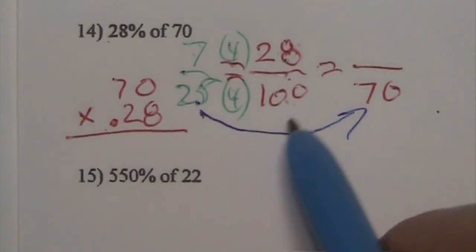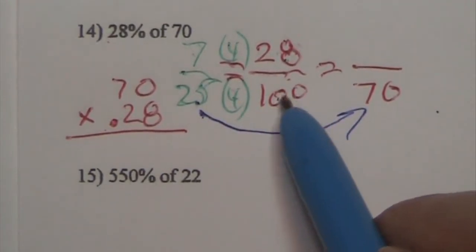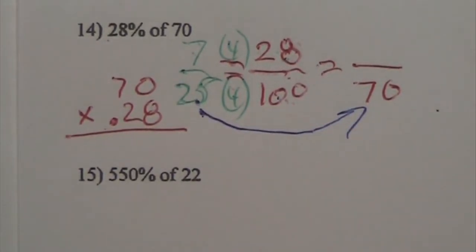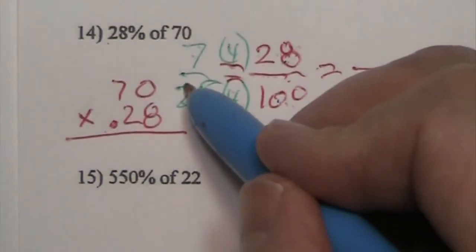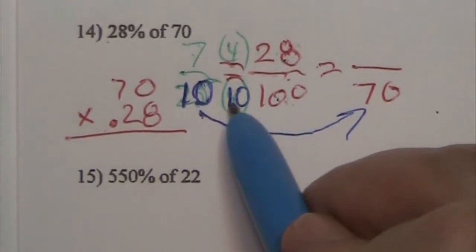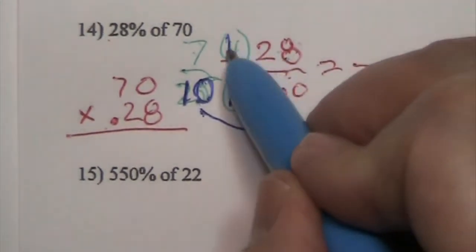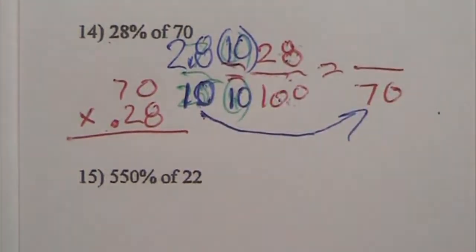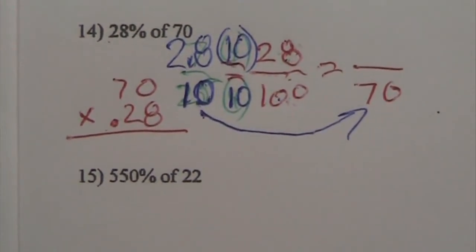We would need to reduce it down so that we can get a number that does go into 70. You could make it down to 10 by scaling it down by 10. And then 28, if you reduce this down to 10, that would be 2.8. Oh, brother, that's not really great, is it?